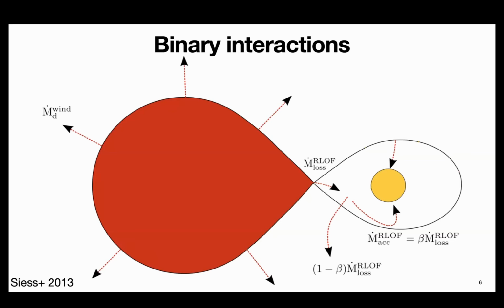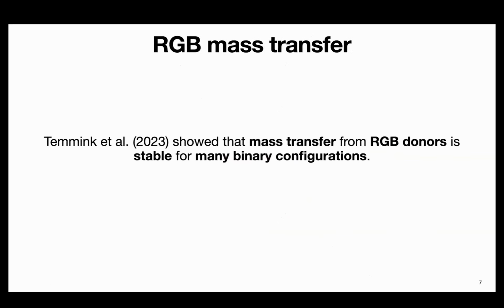This is important because the paradigm that RGB donors are always unstable with regard to mass transfer is actually outdated. My collaborator Karel Temmink and others in 2023 showed that mass transfer from RGB donors is stable for many binary configurations, and this is precisely what I'm going to probe with this research.